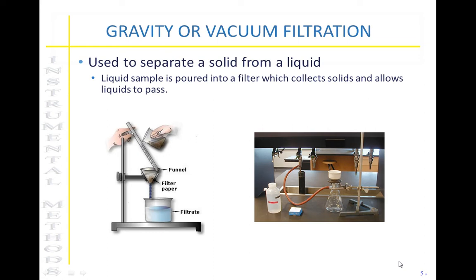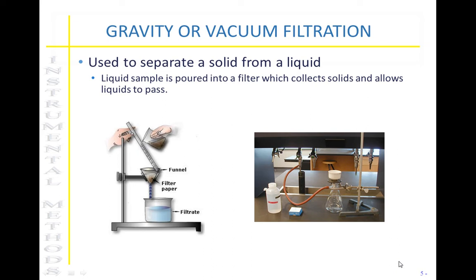A gravity or a vacuum filtration process is used to separate solids from a liquid. A very simple example of this would be when we brew either coffee or tea, where the boiling water is allowed to pass through the solid material.